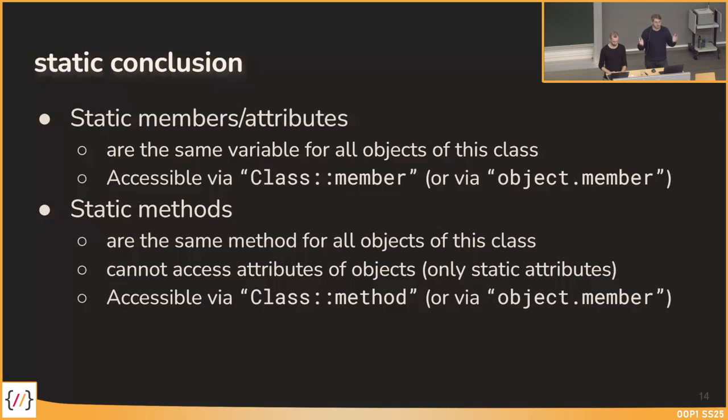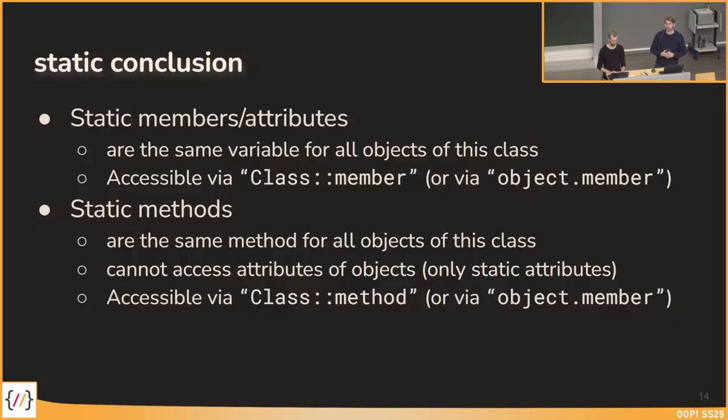It's basically the same for static methods. A static method has the same behavior for all objects of a class. So it's again object independent, and you cannot access attributes of objects that are non-static. You can only access attributes or members that are static in a static method, and again, you can access them via the class or the object.